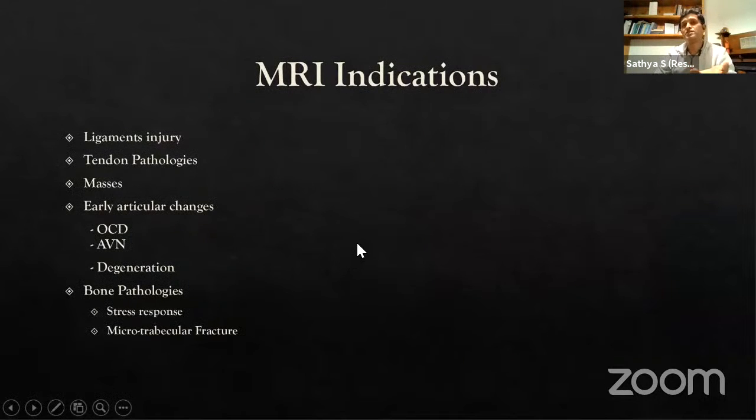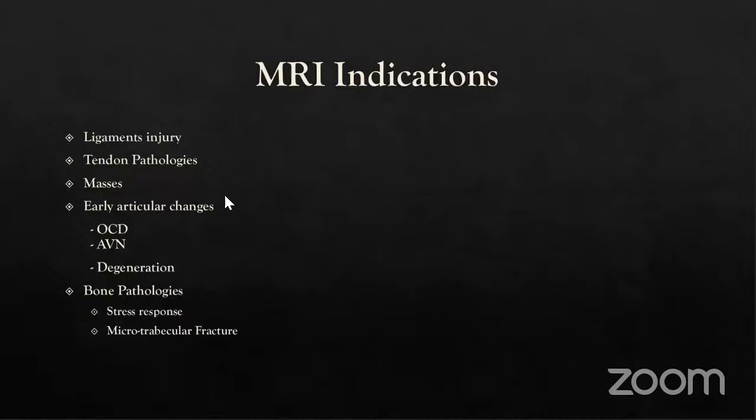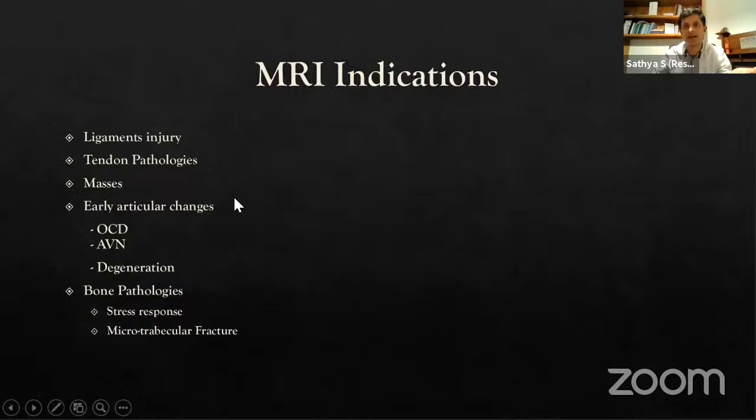So the major indications for MRIs are any tendon problems, ligament injuries, any presence of masses. For example, about a week or two ago, I had a person with schwannoma, which is a mass of Schwann cells present on the bottom of the foot or even in the heel area. I have seen this problem even in India. Quite a few Indian women have this problem.